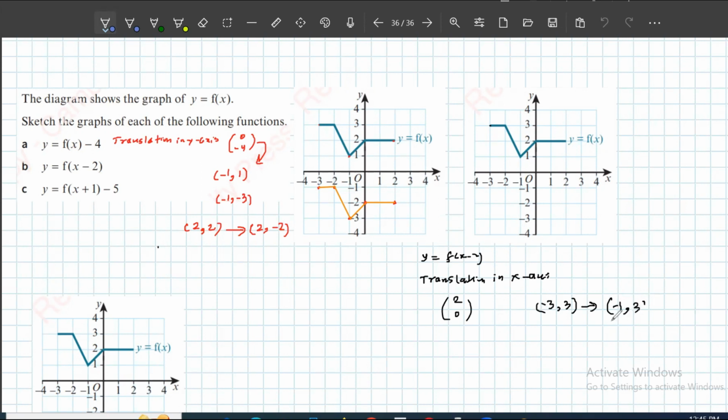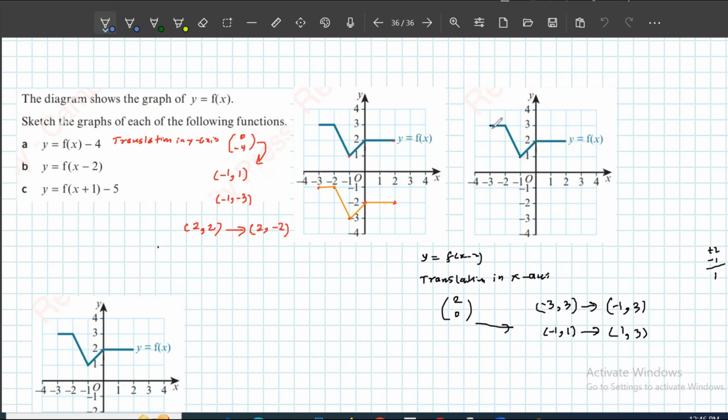So (-1, 3). If I check one more point like this one, which is (-1, 1), by applying this translation vector, we have plus 2 minus 1, which gives us 1. So (1, 1). This way you can find, or you can straight away move 2 units right in each case.